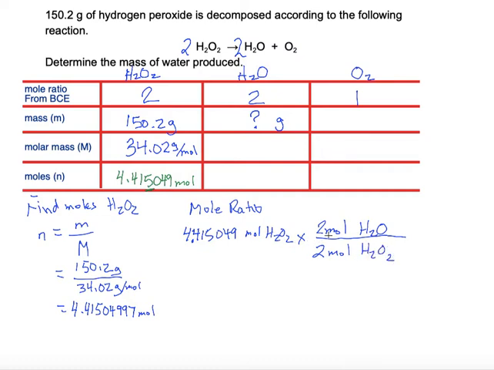So that brings in our mole ratio. And when we solve for this, we'll get 4.415049 moles H2O. So now we know what this particular number is going to be. We've done that ratio.